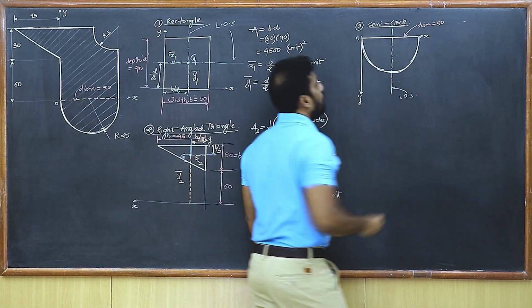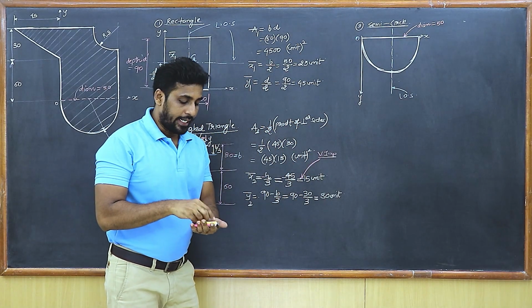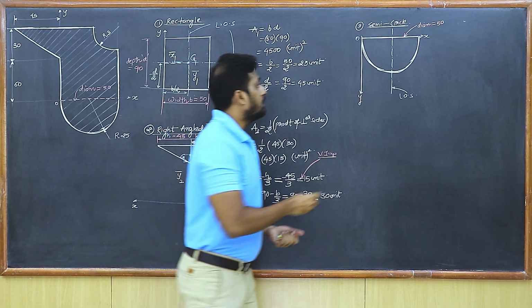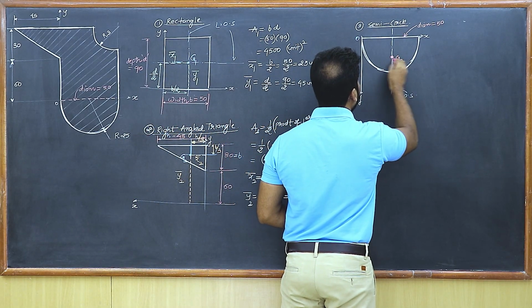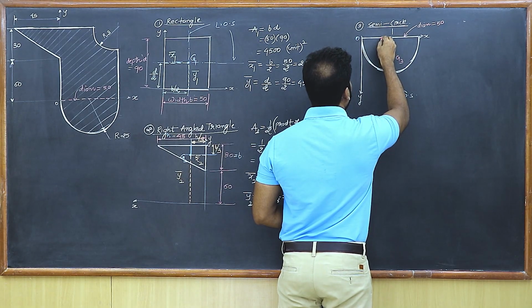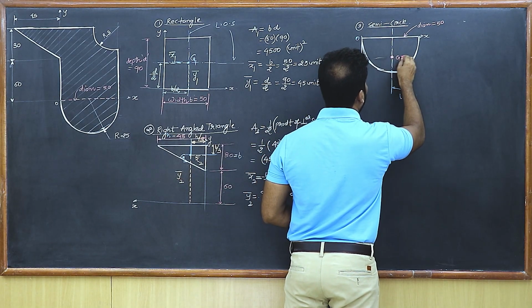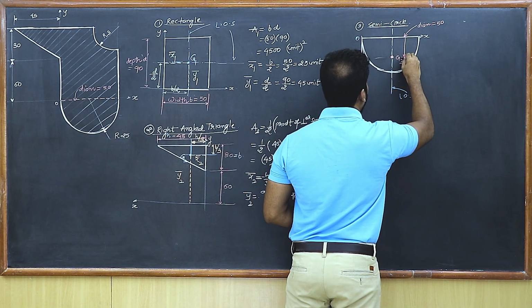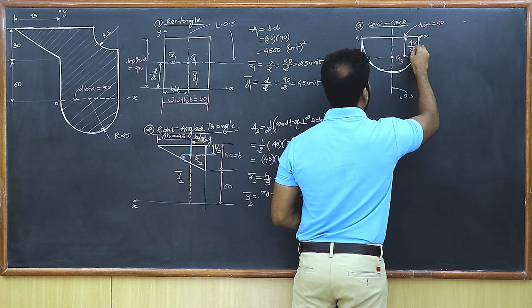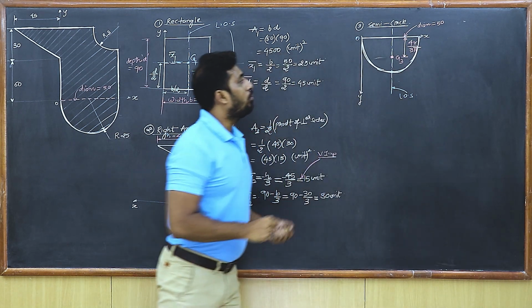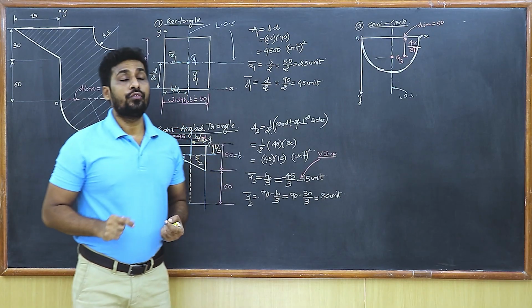So diameter is 50 I have taken. So let's locate the centroid also very quickly. So I can see that the centroid, say G3, will be at a distance of 4r upon 3 pi from the diameter of the semicircle.